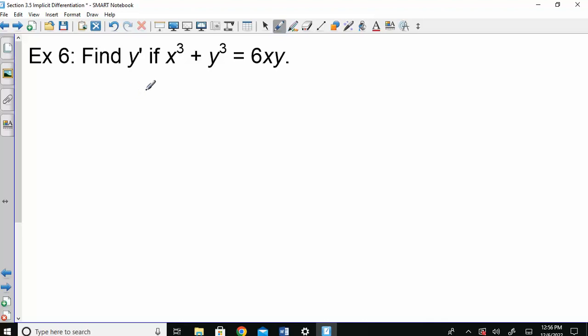If I ask you to find y prime, that is the same thing as what? dy dx. So, derivative of x to the third would be 3x squared. What's the derivative of y to the third? 3y squared.